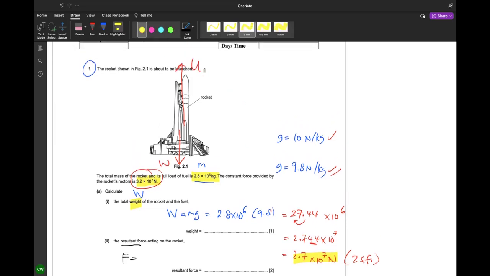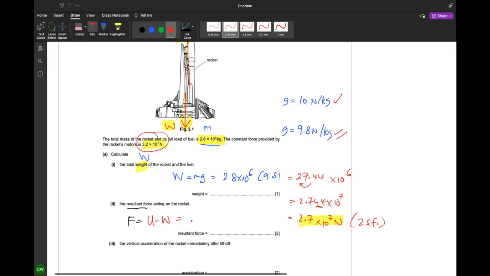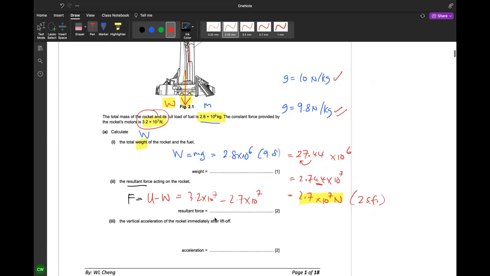Okay, now we have upward force and then downward force. They are in opposite directions. What should you do? 一上一下应该怎么做？You have to 减掉嘛。How do we minus? You have to minus to get the resultant force. Upward force 3.2, downward force 2.7. So what is the resultant now? 来，会变多少？How much is it?